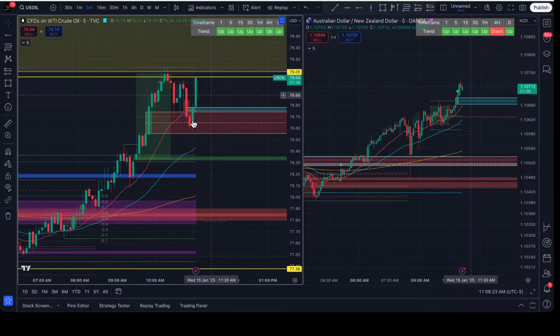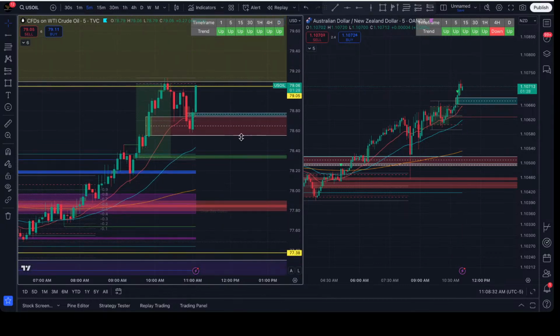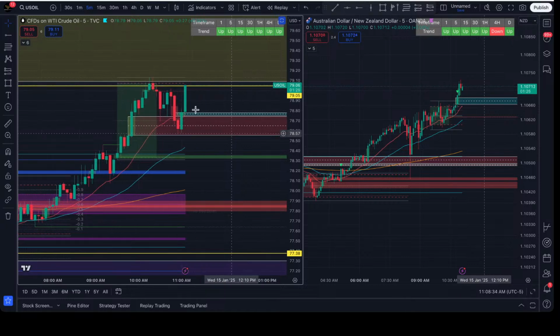Again, if it just takes off, it takes off. Remember, the more the confluence, the better. You gotta stay patient during this time.